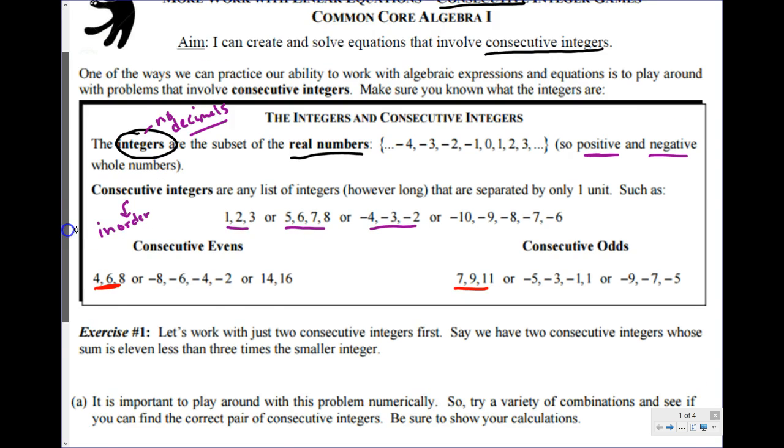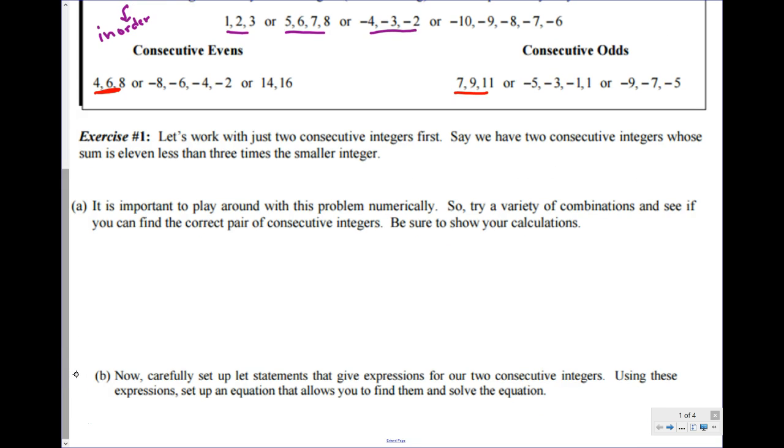So let's take a look at exercise 1 and talk about the kind of work we're going to do with consecutive integers. Okay, let's work with just two consecutive integers first. Say we have two consecutive integers whose sum is 11 less than 3 times the smaller integer. Now this takes us back to the earlier lessons where we have to break this up by translating.